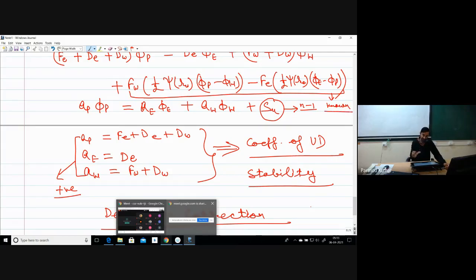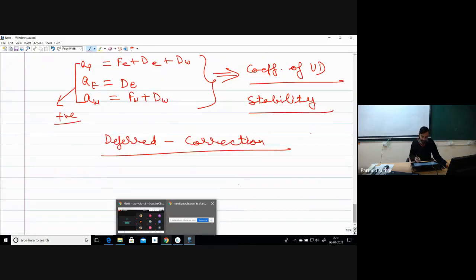So if this value is known to us, our equation will become equivalent to that of the upwind differencing scheme. So the solution will be stable, but whatever value we are introducing in terms of deferred correction will, in the long run, while we are doing the number of iterations, take care of the accuracy of the solution.